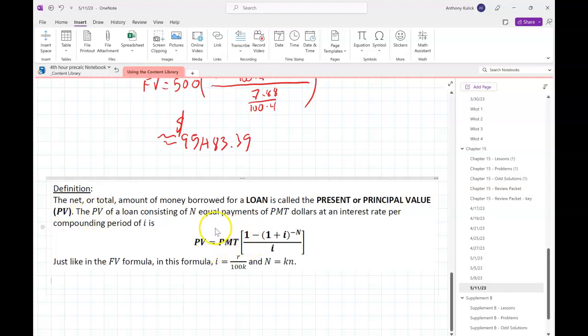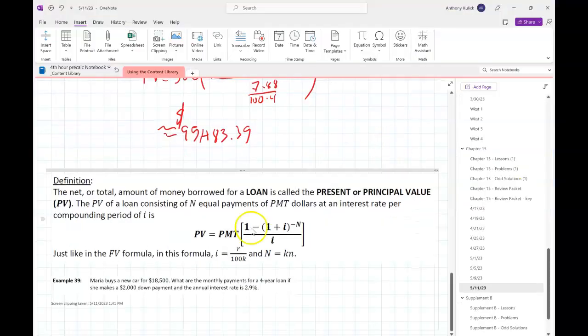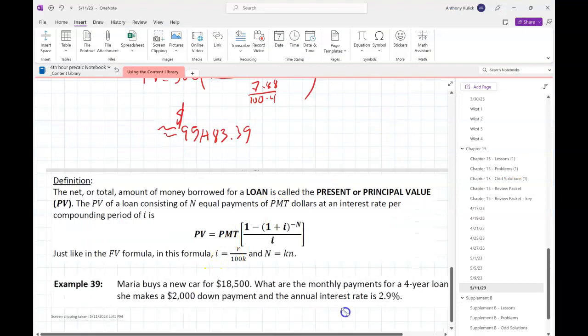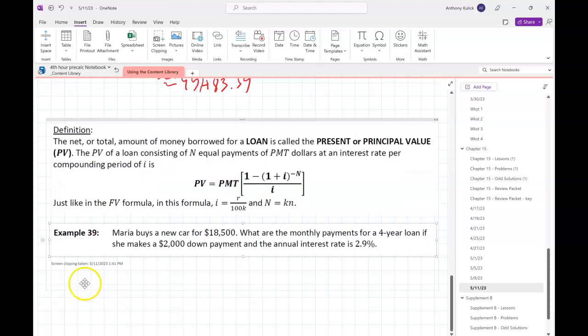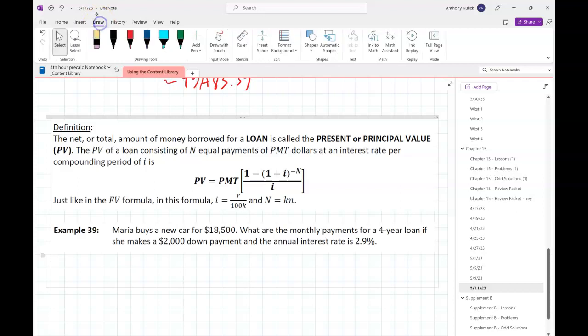The PMT is the loan payment that you're going to be making. I is still R over 100K. Cap N is still K times lowercase n. So it's very similar to the same formula as before, but this time it's for a loan situation rather than an investment situation. If you're borrowing money, you use this formula we just worked with. If you're investing money, you'd use the previous formula we just looked at.